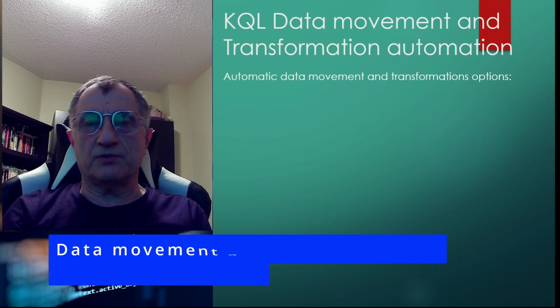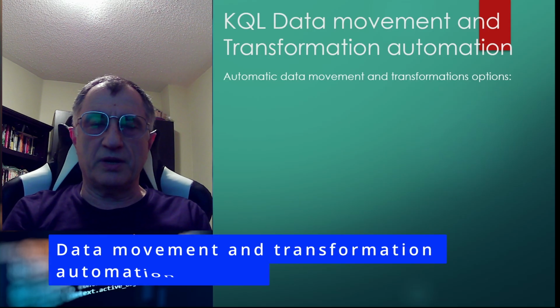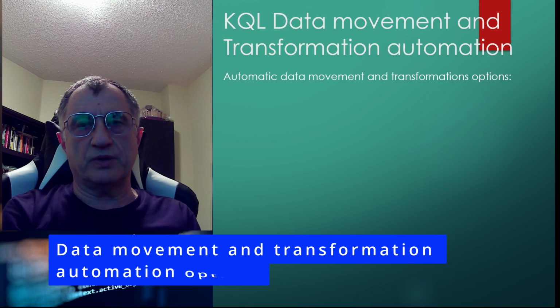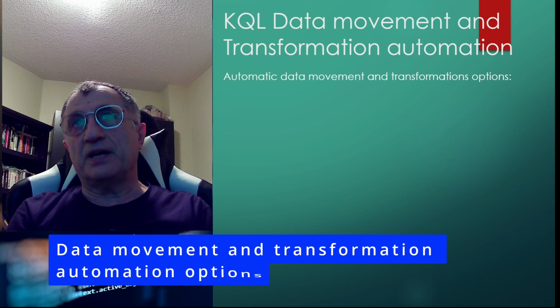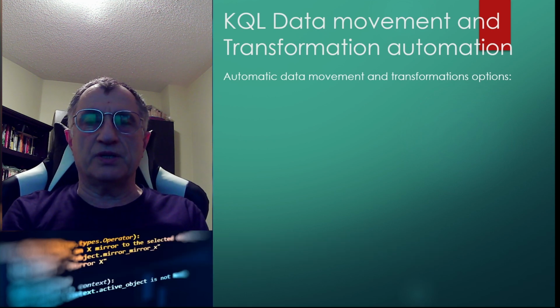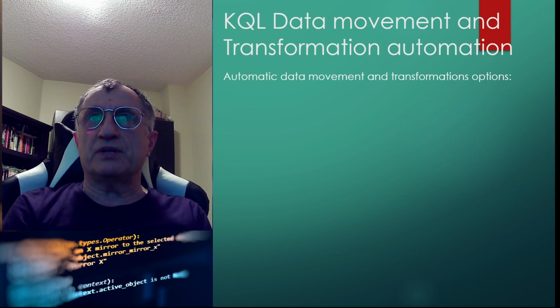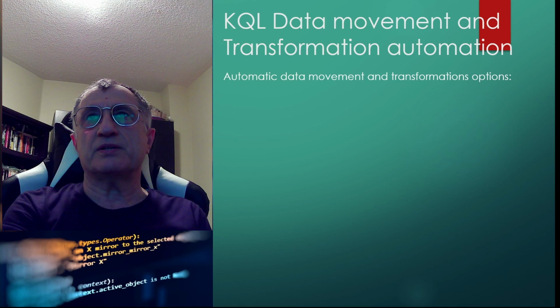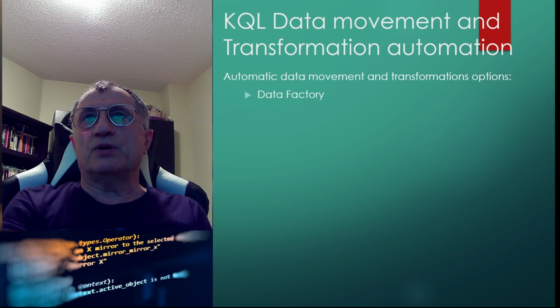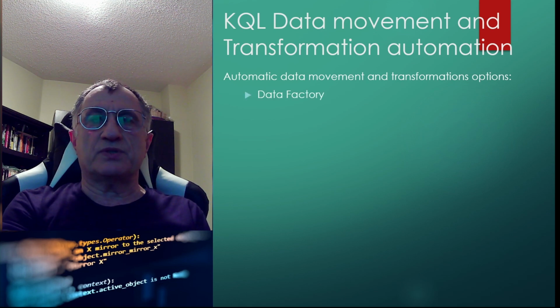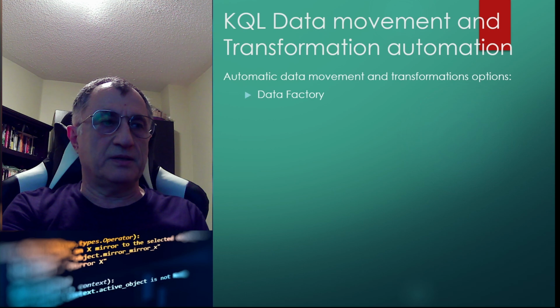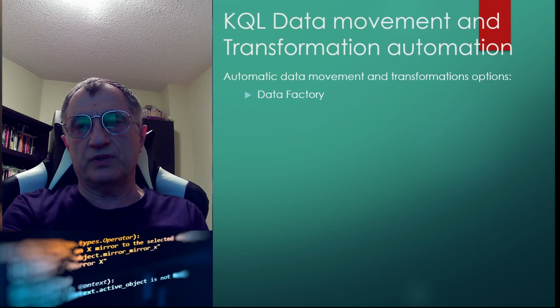All right, now that we learned basic KQL transformations, you might be wondering, how do we automate data movement and transformation within KQL database? There are a few options when it comes to orchestrations. So Data Factory is one of them. So Data Factory is data integration tool within Microsoft.